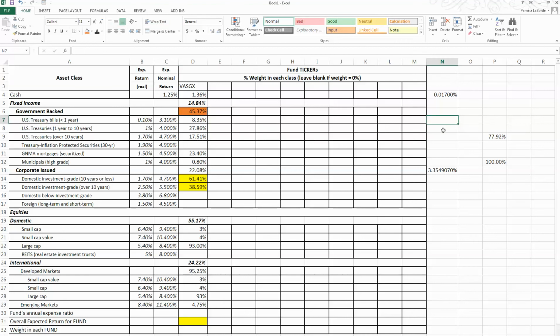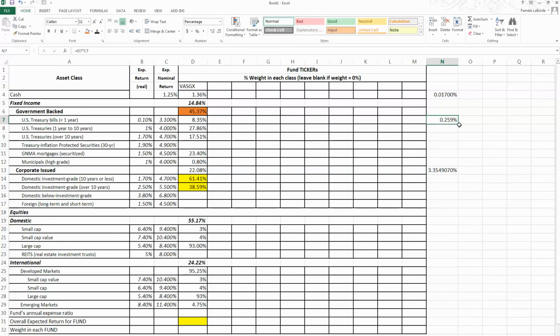So there are a few ways I could do this. I think I'm going to do each one separately. So cash, or sorry, U.S. Treasury bills of less than 1 year are 8.35% times an expected return of 3.1%.